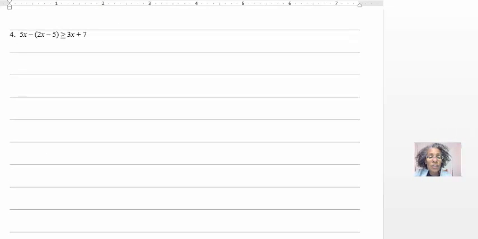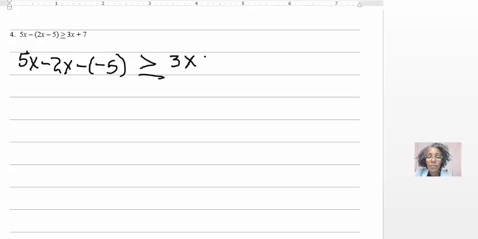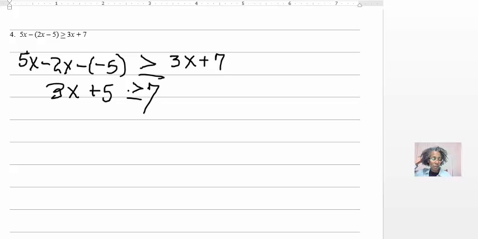Now here, I want to distribute. I want to remove these parentheses. So 5x minus 2x, and I'm subtracting a negative 5. So 5x minus 2x is 3x, and minus a negative 5 is plus 5. And that's greater than or equal to 3x plus 7.